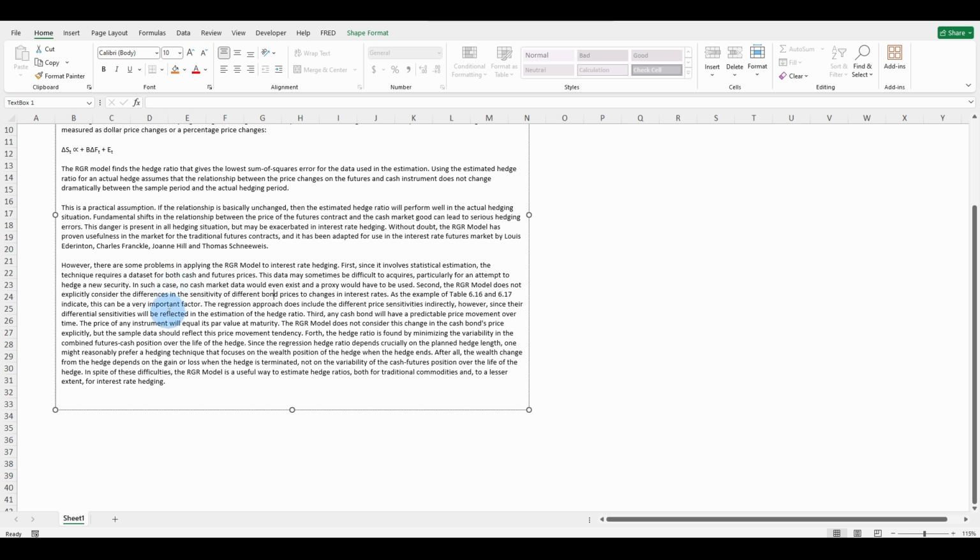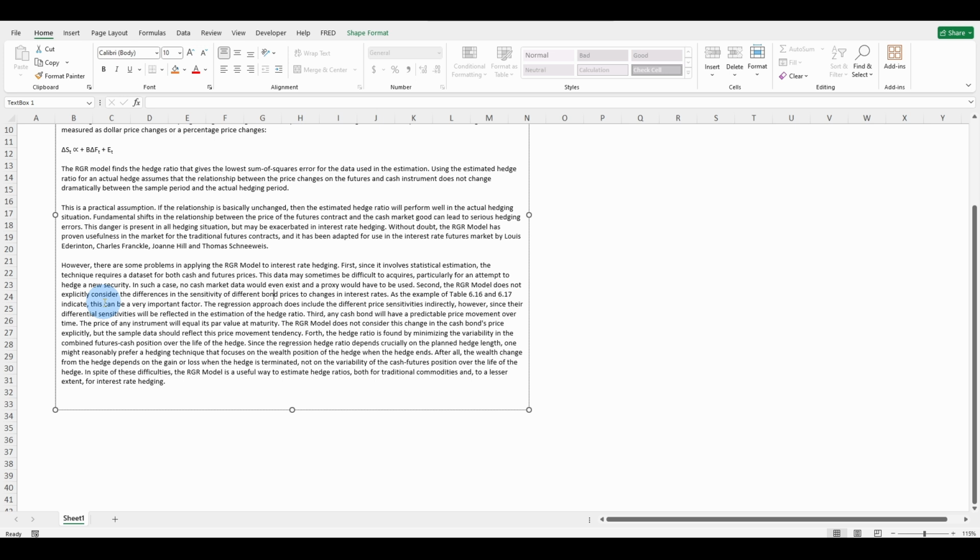Third, any cash bond will have a predictable price movement over time. The price of any instrument will equal its par value at maturity. The RGR model does not consider this change in the cash bond's price explicitly, but the sample data should reflect the price movement tendency. Fourth, the hedge ratio is found by minimizing the variability in the combined futures cash position over the life of the hedge.